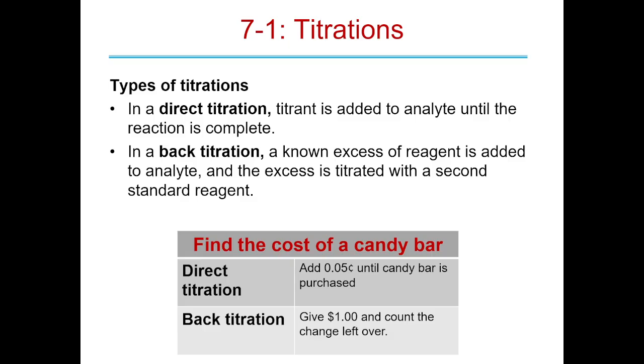The other method is a back titration. So you add a known excess of reagent to an analyte, and then you titrate the excess with a second reagent. So essentially, you add something to completely neutralize it, and then beyond. So let's say you're doing, did you guys titrate an antacid in Gen Chem?